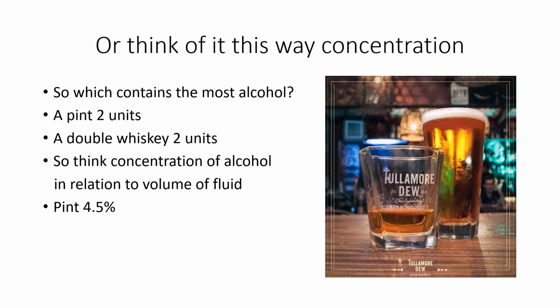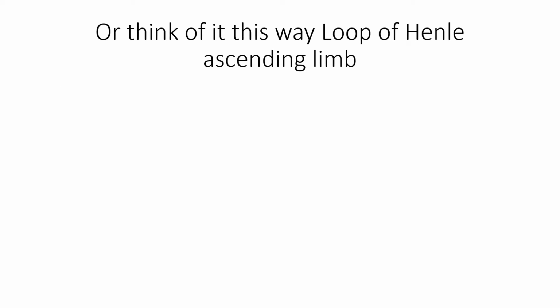The average concentration of a pint of lager is about 4.5% alcohol by volume, whereas whiskey's about 40% by volume. So both have the same amount of alcohol in them, but the volume containing that alcohol is much smaller in the whiskey compared to the pint.